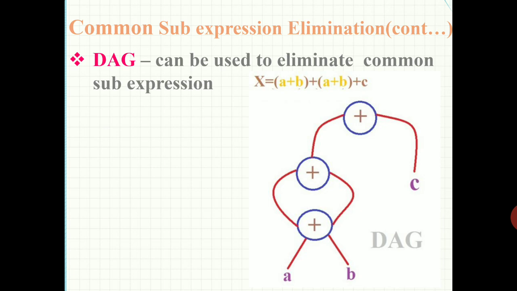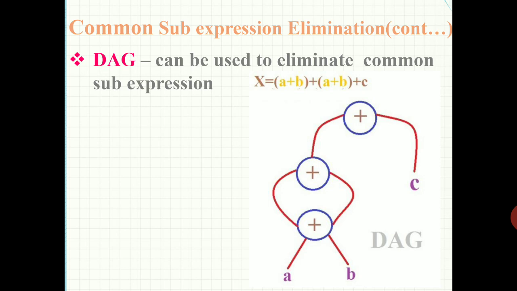We already saw that the DAG is an optimized version of the syntax tree, and we eliminate the recomputation in the DAG. So the expression a plus b is evaluated first, then a plus b plus a plus b is evaluated, then that result is added to c to get the final result x. So a plus b is evaluated, then used again to compute a plus b plus a plus b.